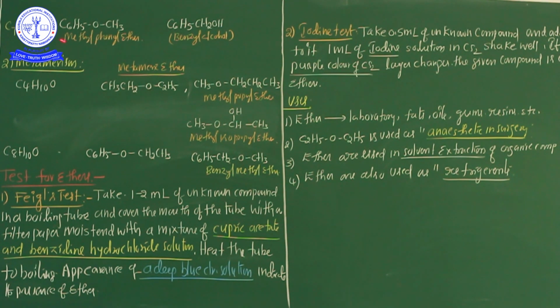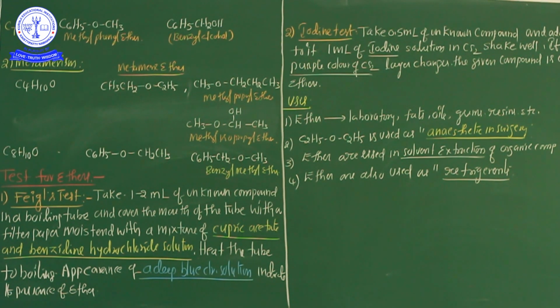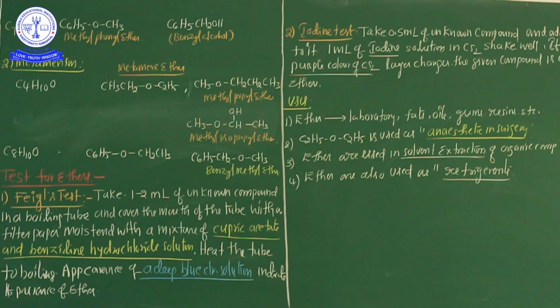So for C7H8O, the functional isomers are methyl phenyl ether in the ether category and benzyl alcohol in the alcohol category. So my dear students, ether easily shows functional isomerism with alcohol.